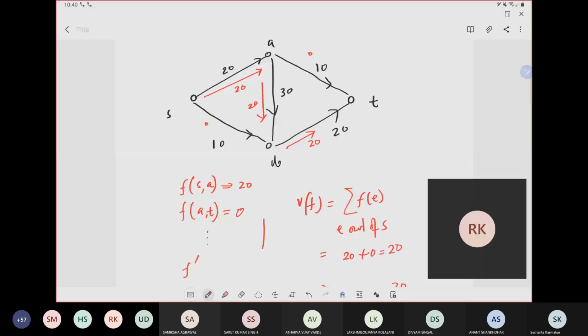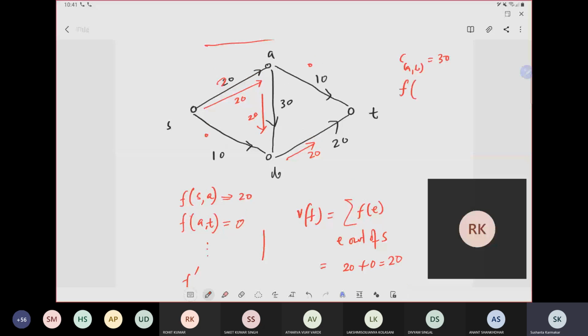So now look at every edge, S and A. It has a capacity of 20 and it is carrying a flow value of 20. Okay, that means I cannot increase the flow in this edge any further because it has reached a saturation point. I mean, it has reached its maximum. But look at this edge A to B. In this case, the capacity of edge AB is equal to 30, but the flow assigned to this edge AB is 20.